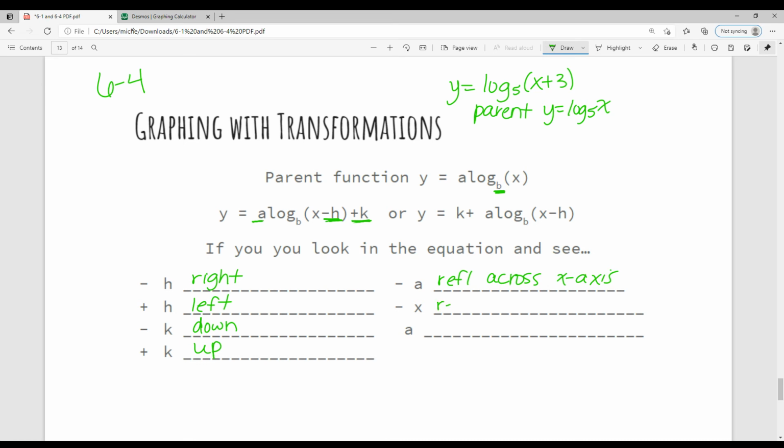Negative x, you reflect across the y-axis. And then that a is the vertical stretch or compression. If a is greater than 1, vertical stretch. If a is between 0 and 1, compression.